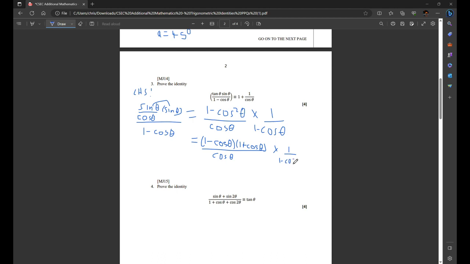But what we can do now is cancel this 1 minus cos theta with this 1 minus cos theta down here, which is just going to leave us with 1 plus cos theta all over cos theta.